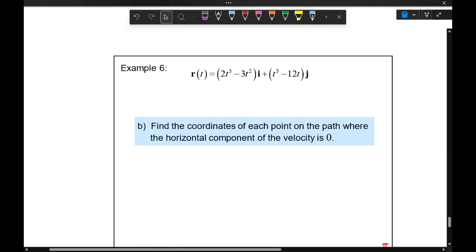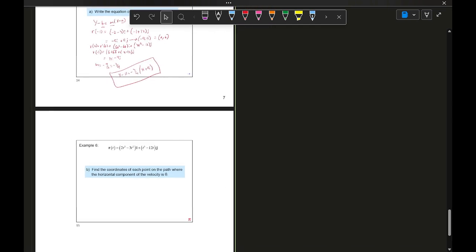And now we have the second part of this, which is we need to find the coordinates of each point on the path where the horizontal component of velocity is 0. So, of course, to find where the velocity is 0, we need to know the velocity, which we have from above. So velocity equals 6t squared minus 6t i plus 3t squared minus 12 j.